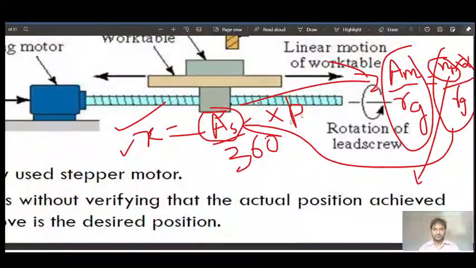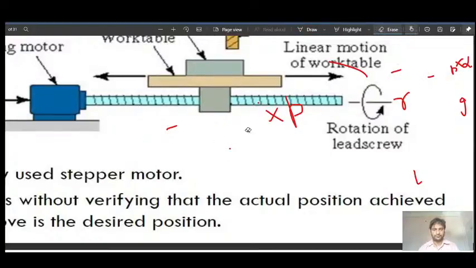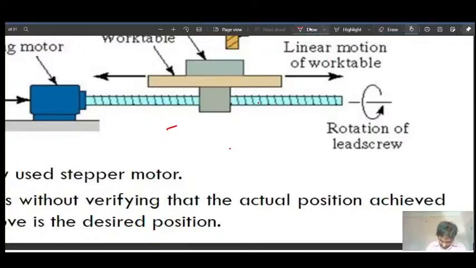So as you can see, suppose we have one pulse.